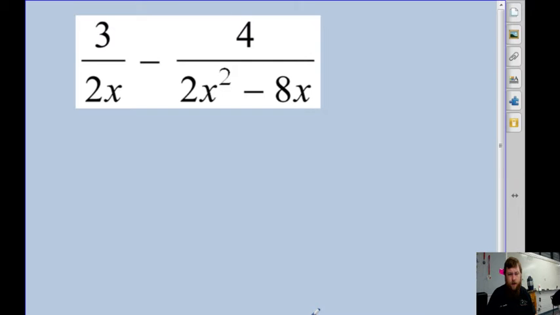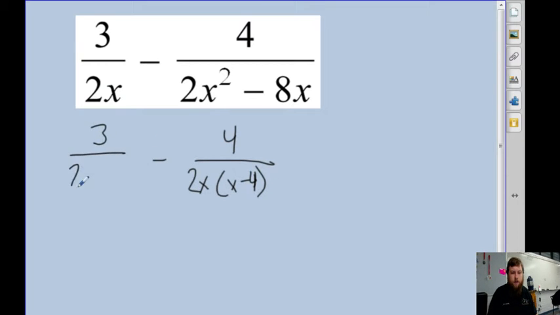There's a few ways we can approach this. You could do it the way we've done this before, but you might recognize on this factor on the right, I'm actually going to factor out first. So it's going to be 4 over, I can factor out 2x times x minus 4, over 3 times 2x.